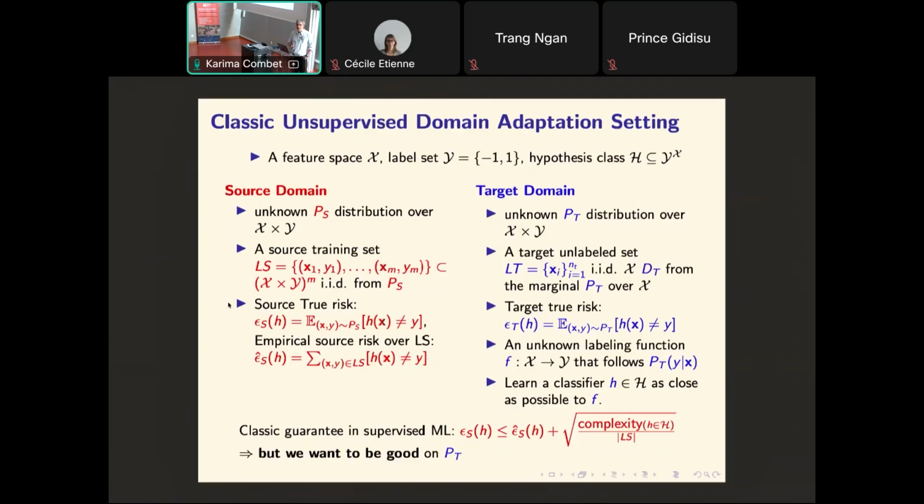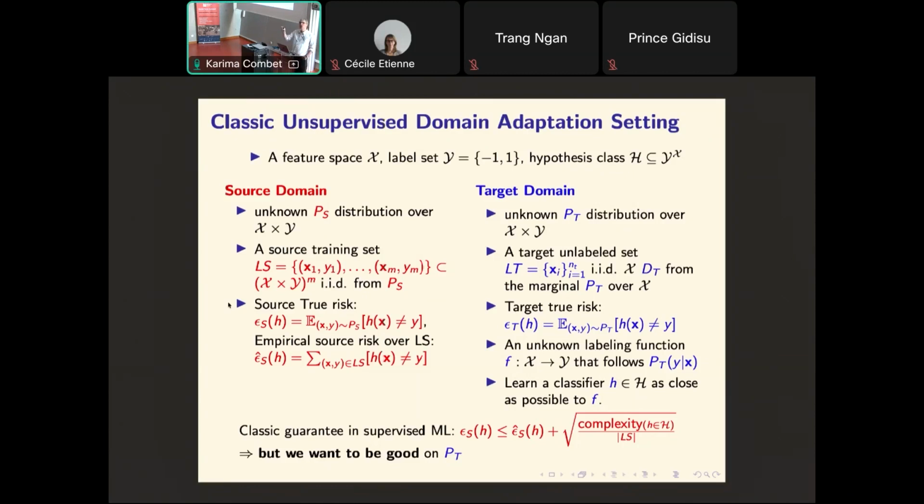That's the idea. Okay. So here, basically, I count 1 if I commit an error and 0 if my classification is perfect. It's binary classification to simplify. And the thing is that we do not have access to this quantity because the distribution is unknown. So what we can do is to measure the error on a source sample and to optimize the model on the source sample. In domain adaptation, we have the target domain.